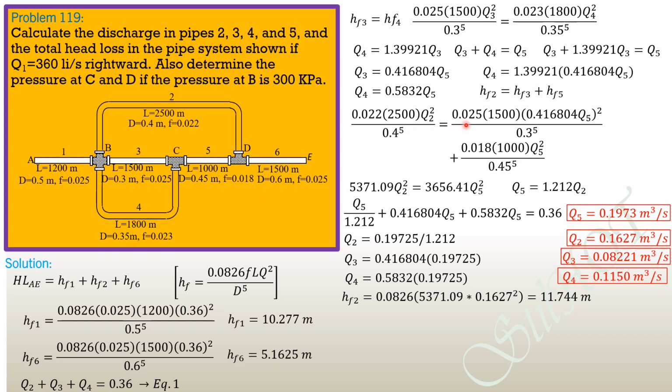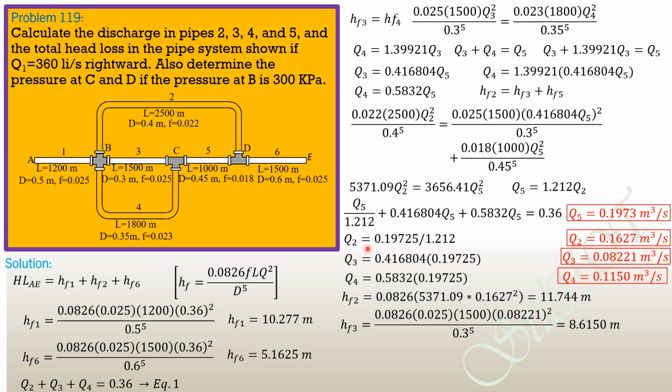HF3, on the other hand, is this times 0.0826. So HF3 is 0.0826 times 0.025 times 1,500 times Q3 squared, and Q3 is 0.08221, quantity squared over 0.3 to the 5th. It is 8.6150 meters.